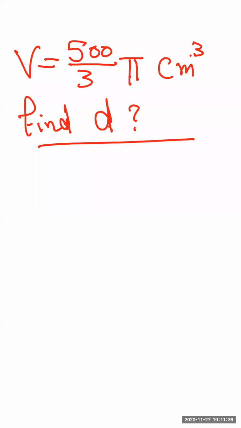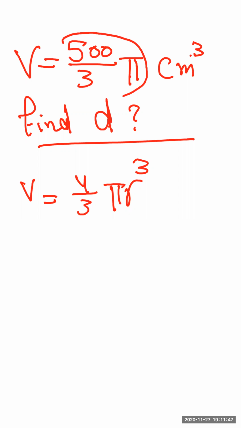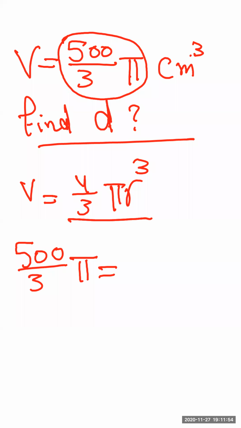What is the rule of the volume? Volume, we said that it will equal 4 over 3 πr cubed. So this value, 500 over 3 π, equals the rule 4 over 3 πr^3.